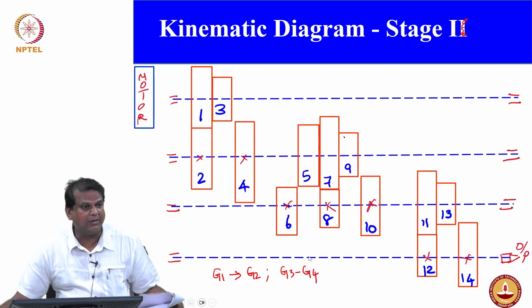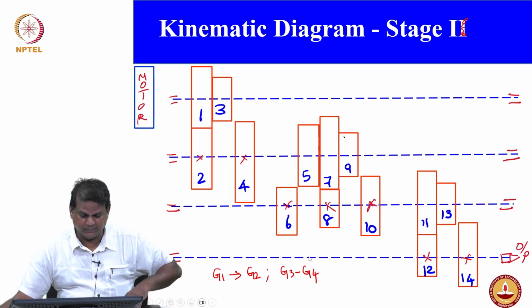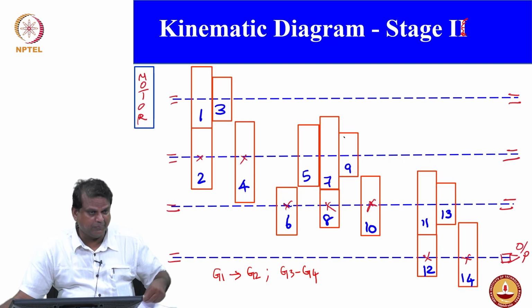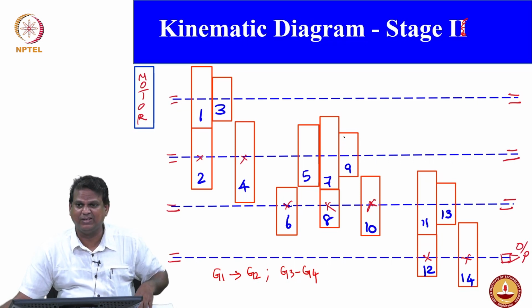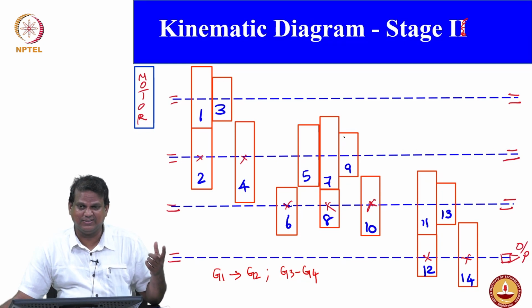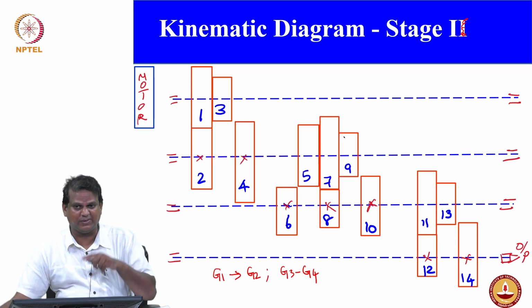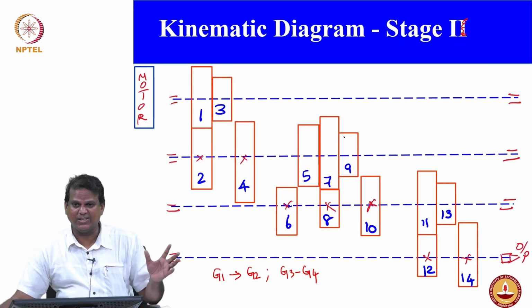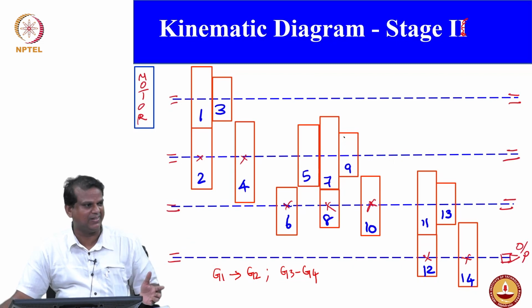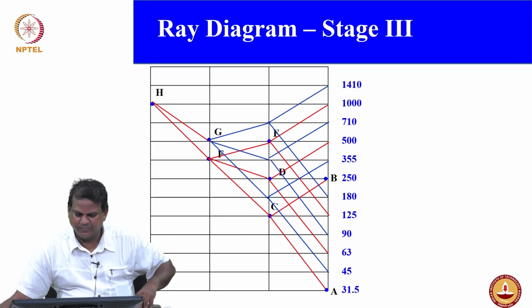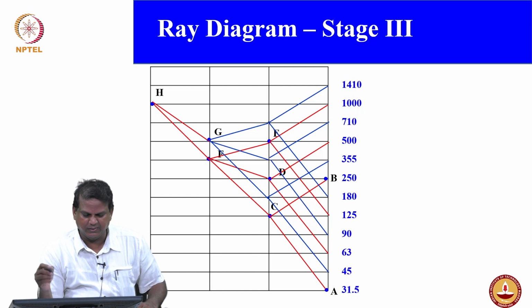Now again, if you refer to the ray diagram, what is happening? It should be reduction, right, by default. So in stage 2, 1 gear up and 2 reduction. Okay, in stage 3, 1 gear up, 1 reduction, but in stage 1 most of the time should be gear reduction, okay, right. So what is happening?